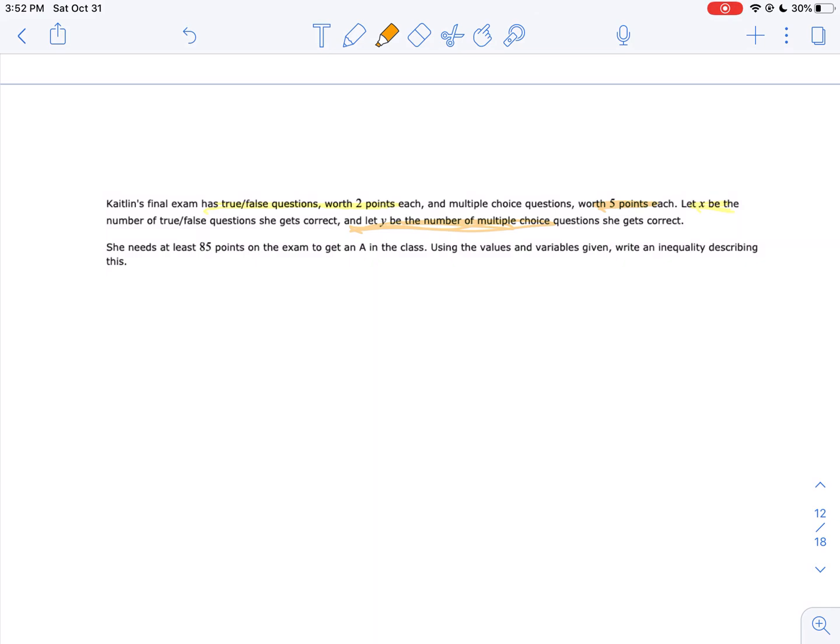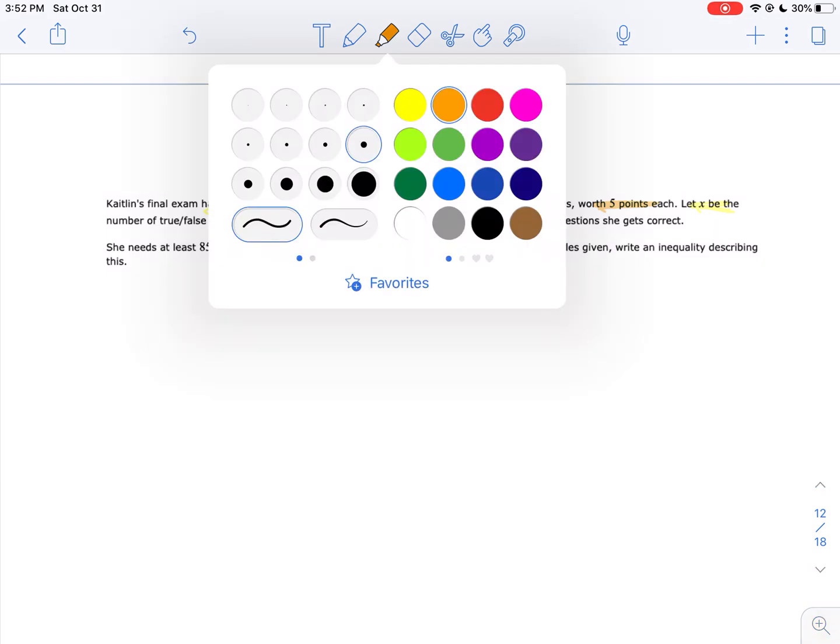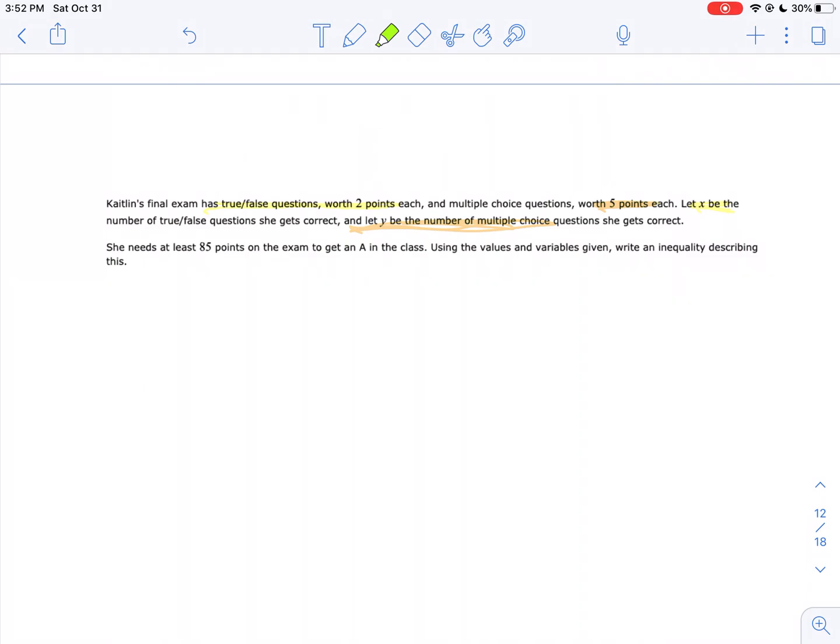She needs at least 85 points on the exam to get an A in the class. Use these values and variables to write an inequality. The key word on this one is at least for our inequality.